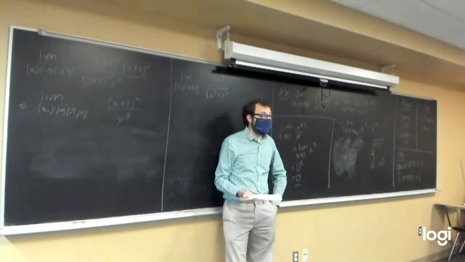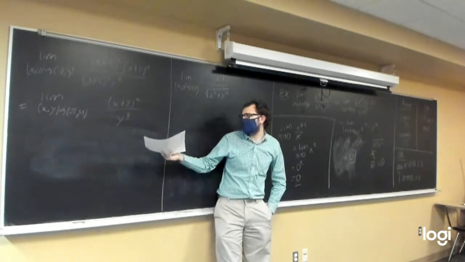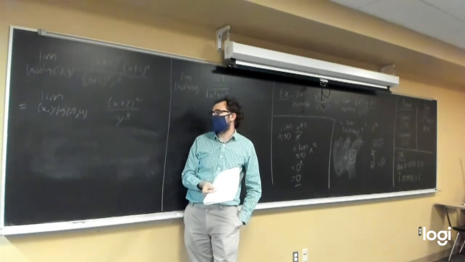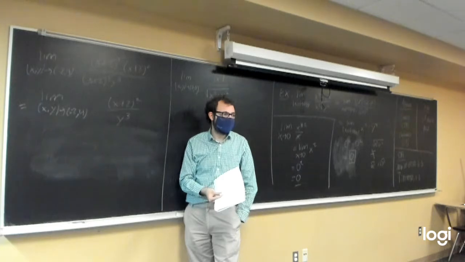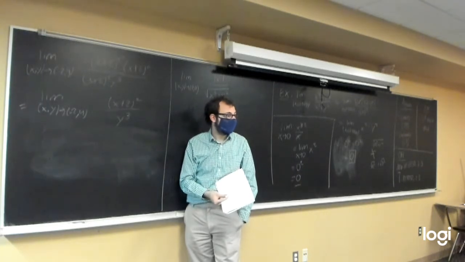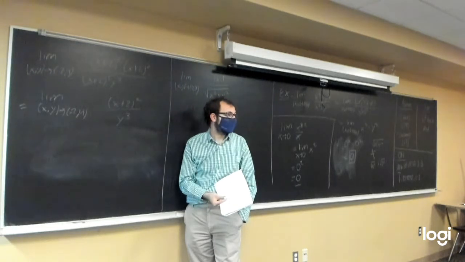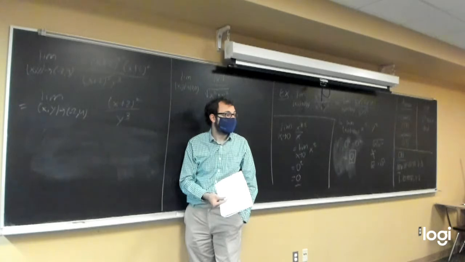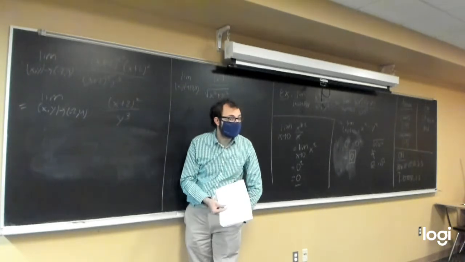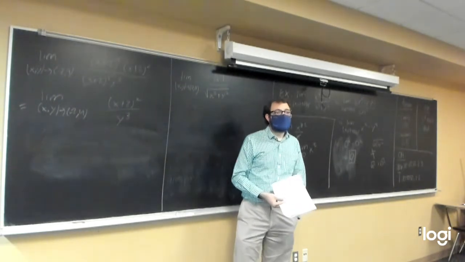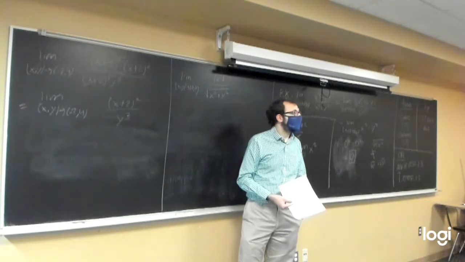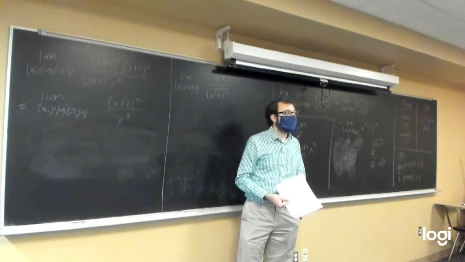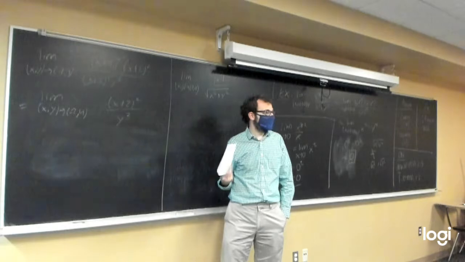And can someone else take over from here? How would we be able to evaluate this limit as xy approaches -2, 4 of this expression? Daniel, any ideas for this one?